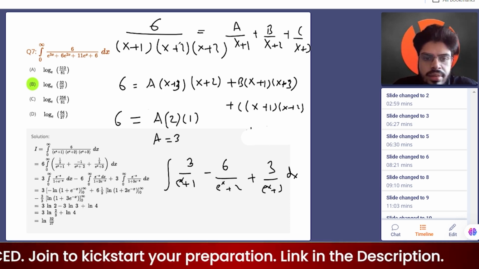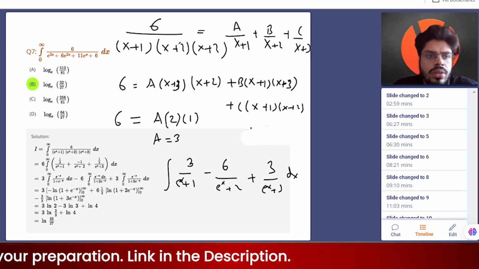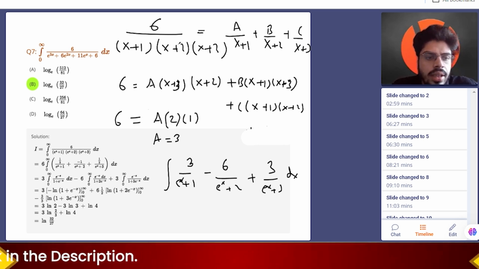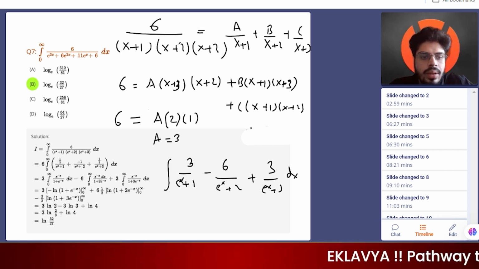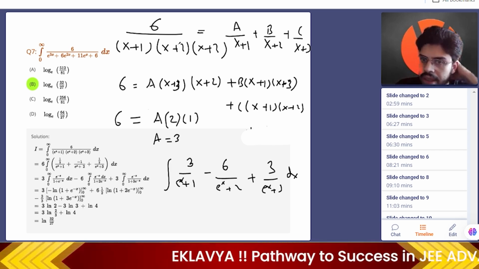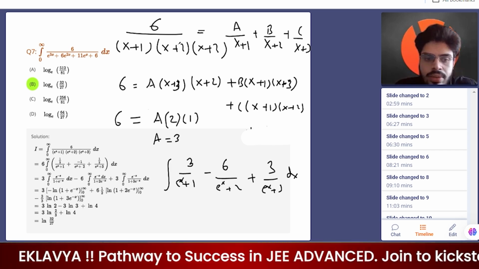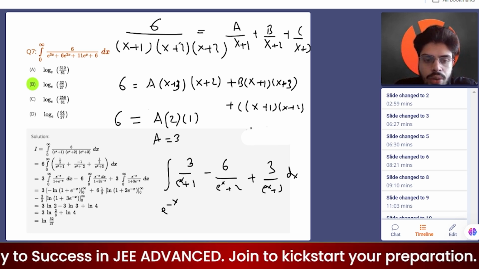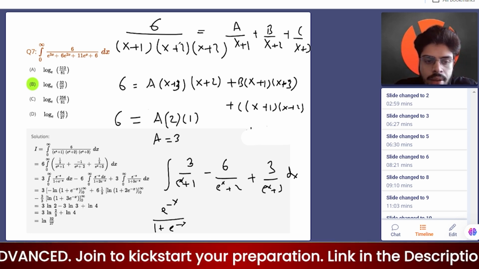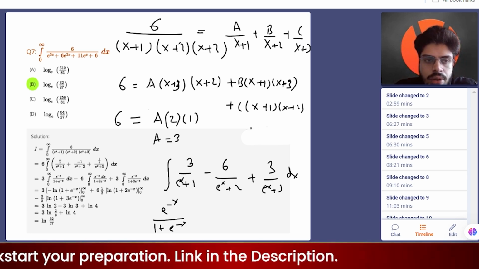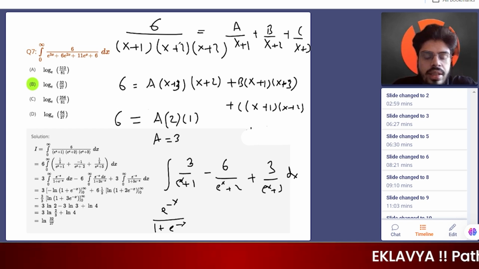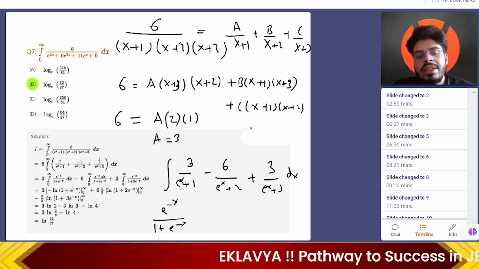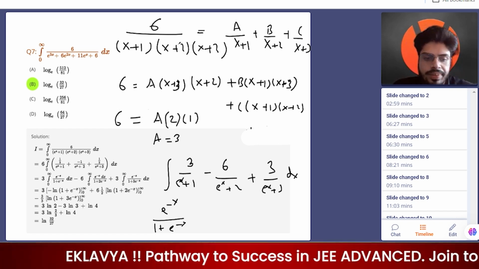Now you can take again the same thing, 6 common, so you will get the same value, and integrating 1 upon e power x plus 1. You can take e power x common from the denominator, you will get e power minus x upon 1 plus e power minus x. If you put this denominator as t, you will get dt equal to minus e power minus x dx, so minus dt.